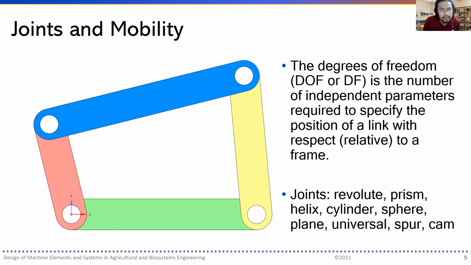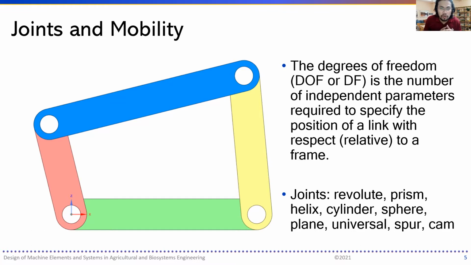Now, this motion, the mobility of a specific mechanism, is identified by the degrees of freedom, which is just the number of the independent parameters to specify the position of a specific link with respect or relative to a frame.